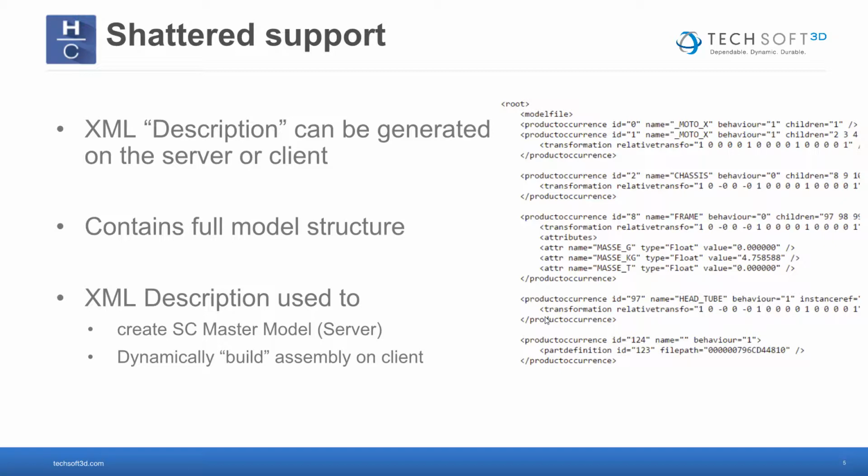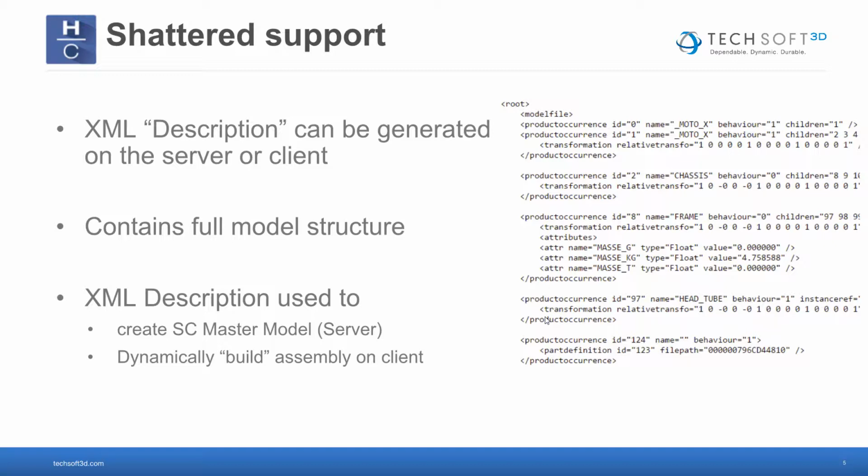Hoops Converter can take as input one of these XML files that describes all your parts. What it's going to do is parse this XML file and pull out all of the model files that it needs and all of the transforms that describe where these models are going to be placed. What comes out of that is what we call a master model.